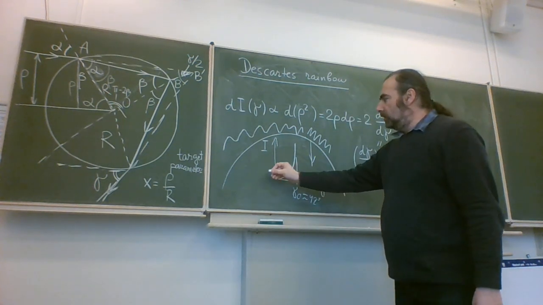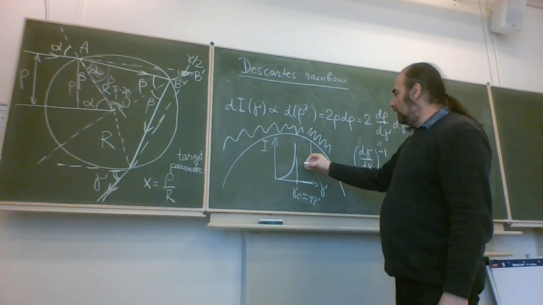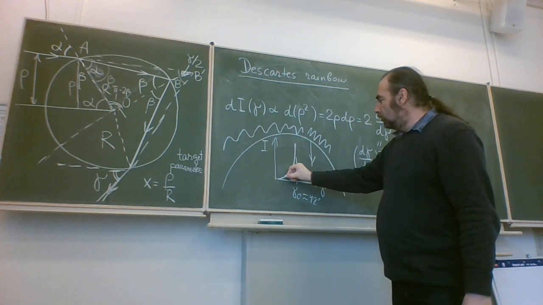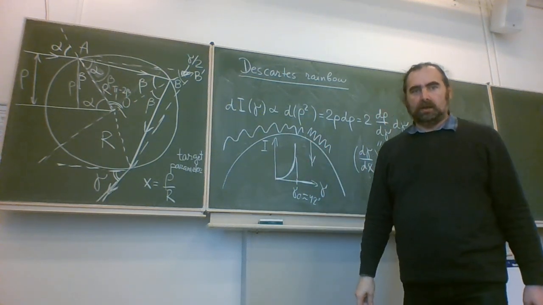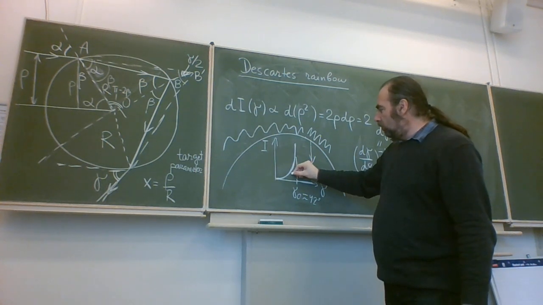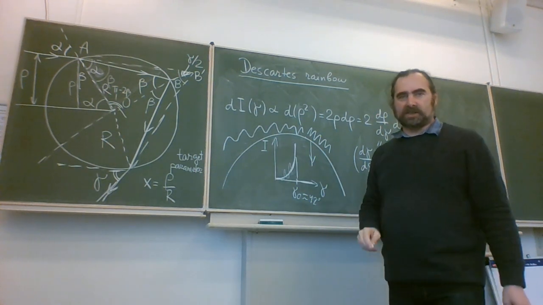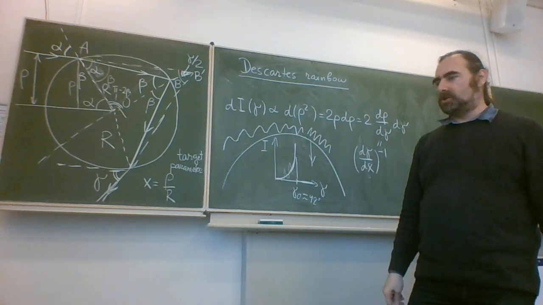And also we know that below we have supernumerary bows. But in the Descartes rainbow, the intensity just goes down smoothly. So for supernumerary bows, we would like to see some oscillations. And in the picture of Descartes, we don't have any oscillations.